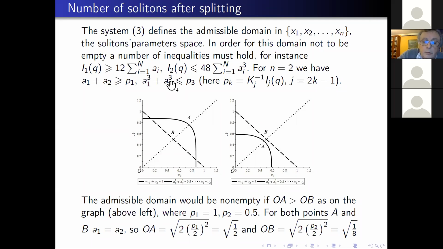And this means that the points of intersection are the parameters of non-reflecting splitting. In these points of intersection, for these parameters, for this P1 and P2, we will obtain two soliton splitting and no reflected wave.